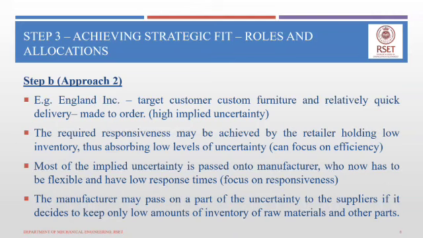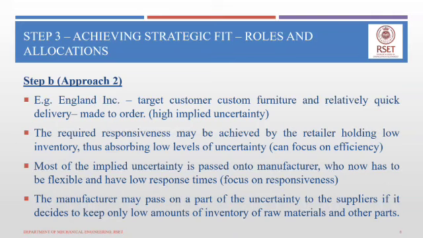And since it's a made to order system and we have to wait for the customer to place an order, and since they want this delivery done very quickly, the entire supply chain that delivers custom furniture to customers in reasonably short times as a whole will face large amounts of uncertainty. So the implied uncertainty level will be very high. That is completely different from what we see in the case of IKEA.